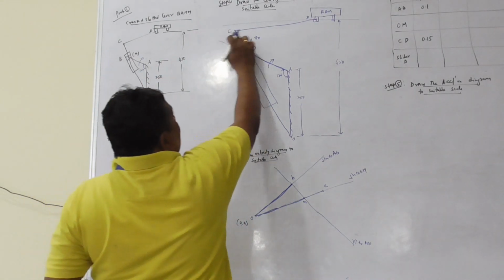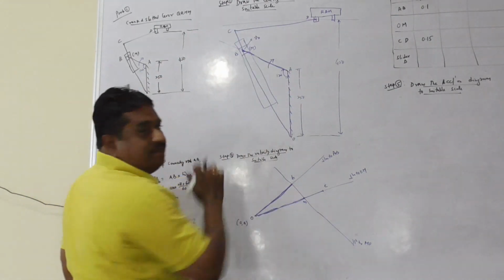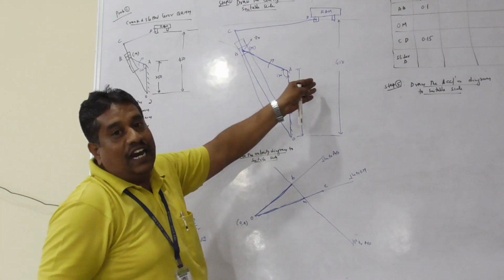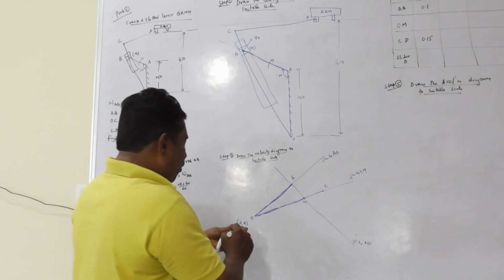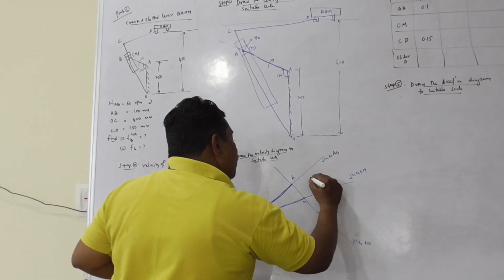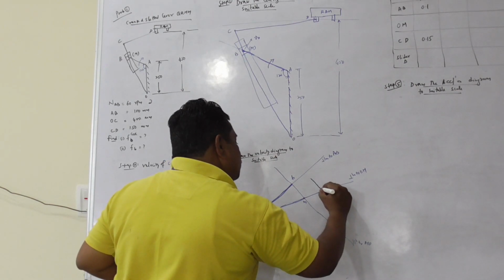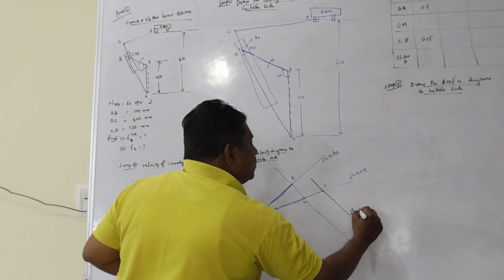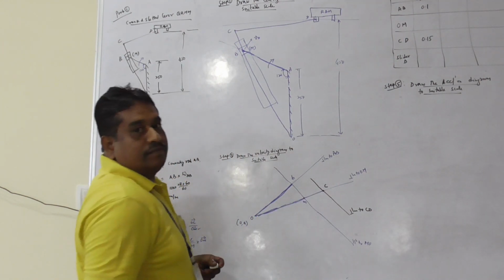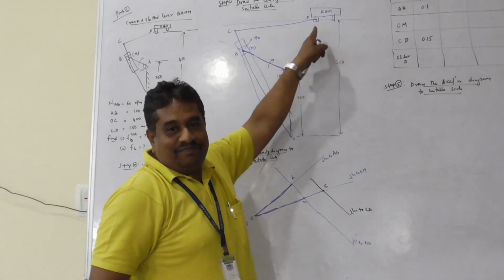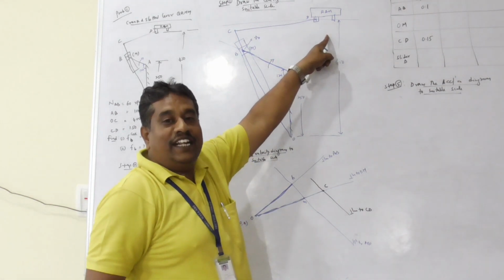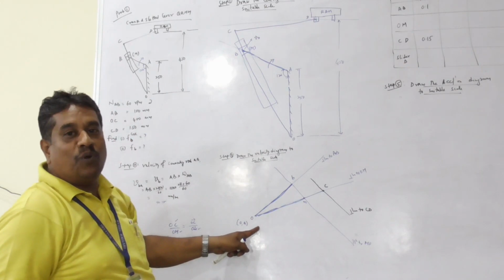Now consider the link tube CD. Velocity of D relative to C is perpendicular as seen at C. Therefore, through C, draw a line perpendicular to CD. But D is a slider. For sliding members, the velocity is absolute. When it is absolute, it starts from the pole.